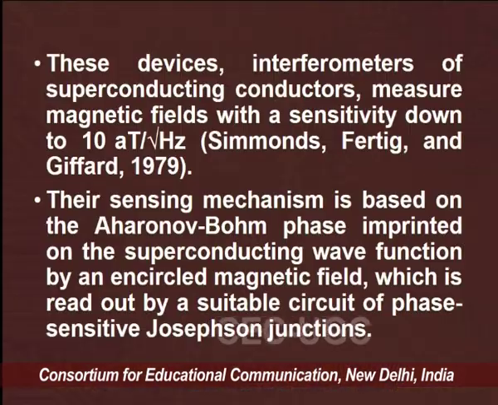These devices are interferometers of superconducting conductors, and measure the magnetic field with a sensitivity down to 10 aT per root hertz. Their sensing mechanism is based upon the Aharonov-Bohm phase imprinted on the superconducting wave functions by the encircled magnetic field, which is read out by a suitable circuit of phase sensitive Josephson junctions.